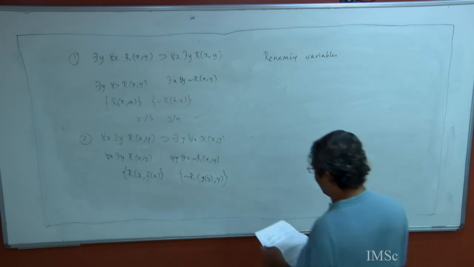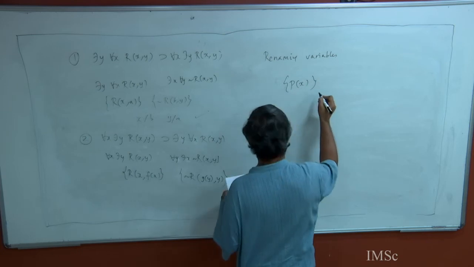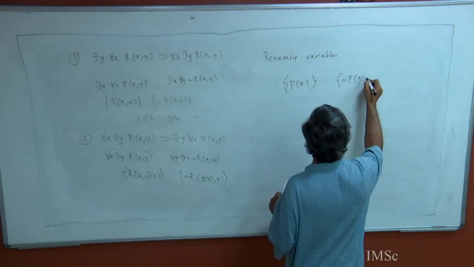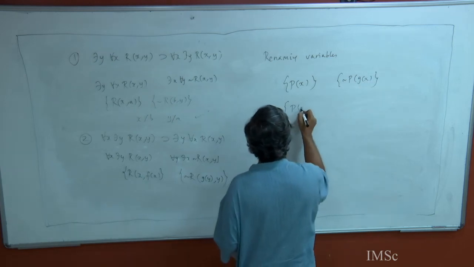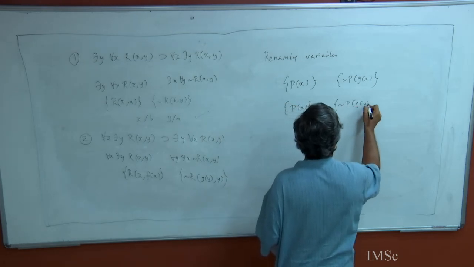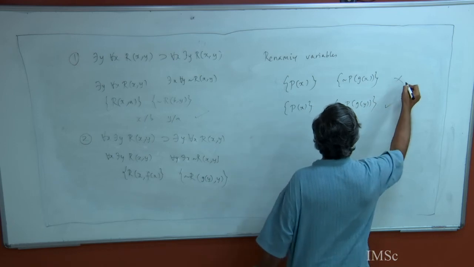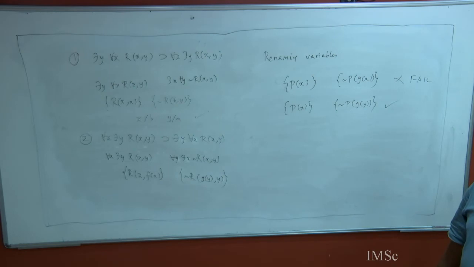So now if you have something like this, p of x and not p of g of x, right? If I rename variables, let's say any one of them, this will fail because of our occurs check, but this will actually go through, right?